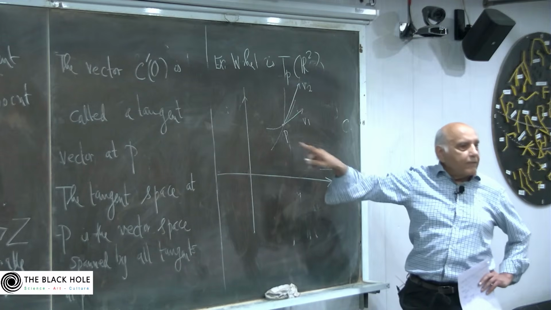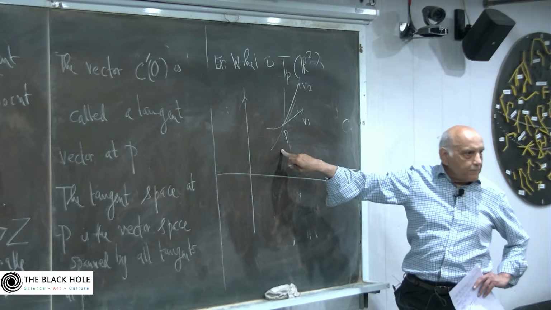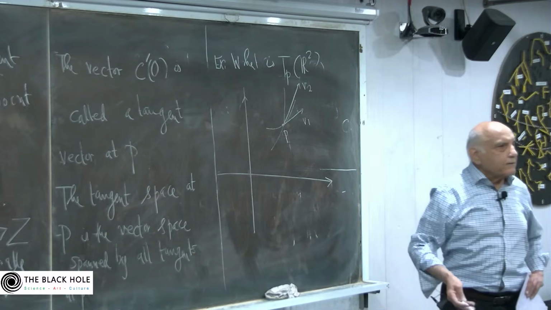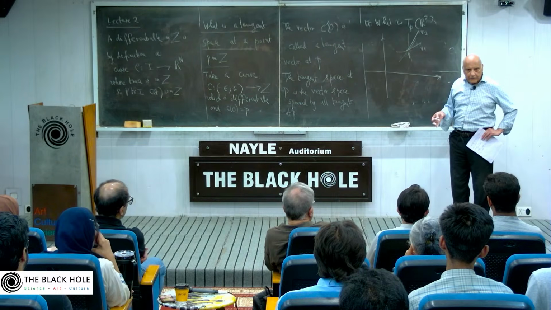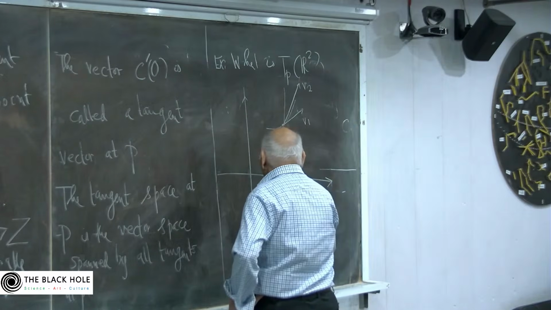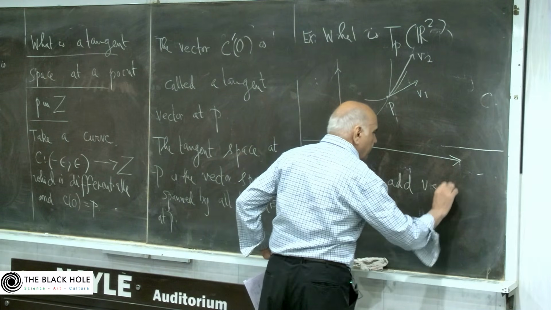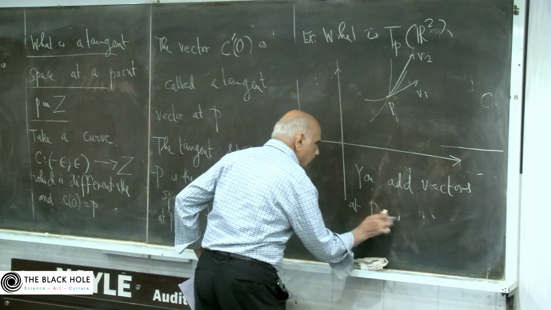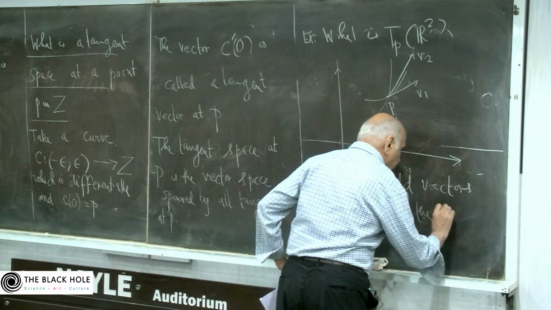These are vectors exactly as in physics, vectors whose initial point is P. And how do you add vectors? By the parallelogram law of addition. So you add vectors at P by the parallelogram law of addition.